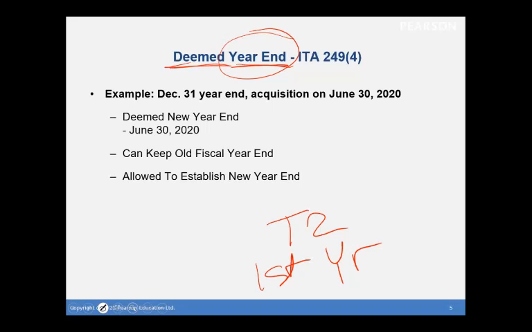So if we had a company with a December 31st year end, but the controlling interest in its shares gets bought on June 30th, we've got to put a hard line in the sand there and set up a new year end of June 30th. Now, why would we do this?